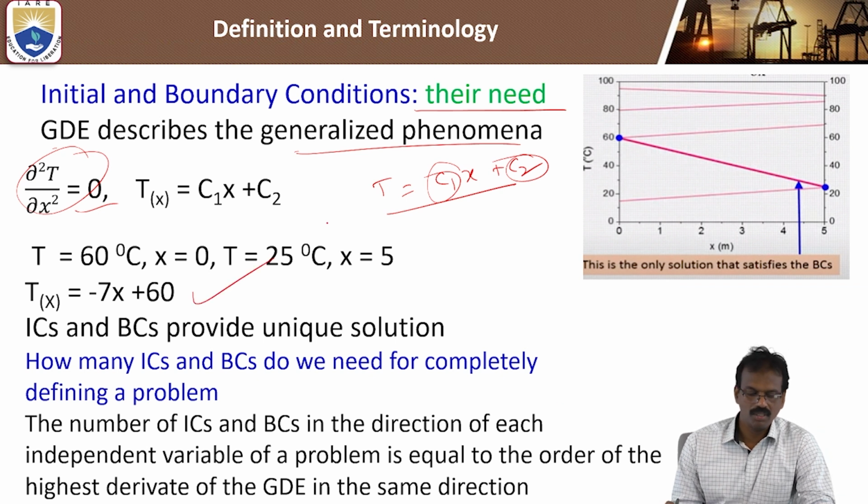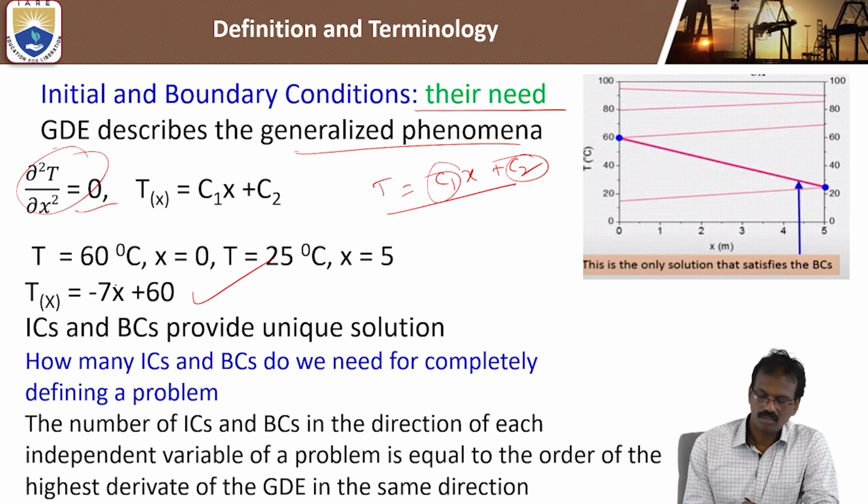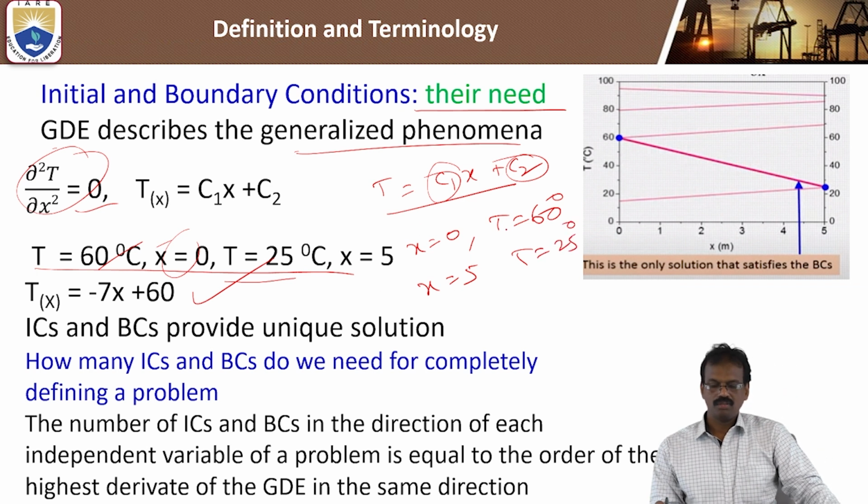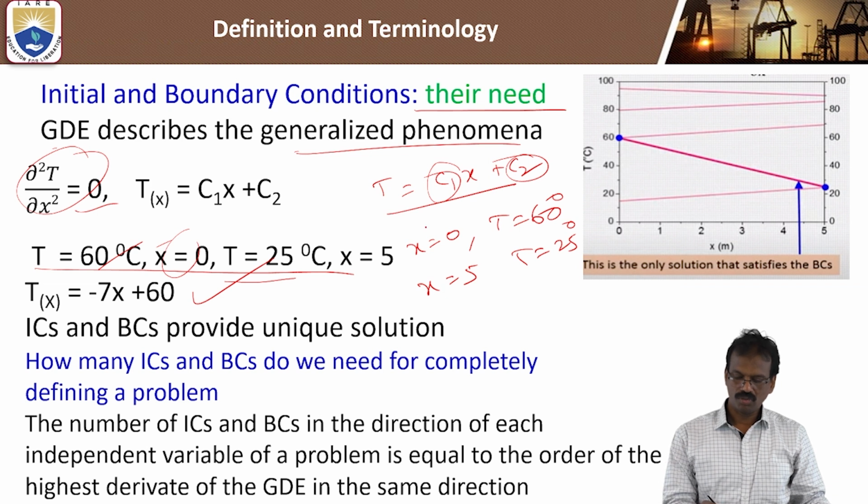That is the temperature equation. Here, the boundary conditions: suppose at x is equal to 0, temperature is equal to 60 degrees; at x is equal to 5, temperature is equal to 25. So these are the starting and final boundary conditions.